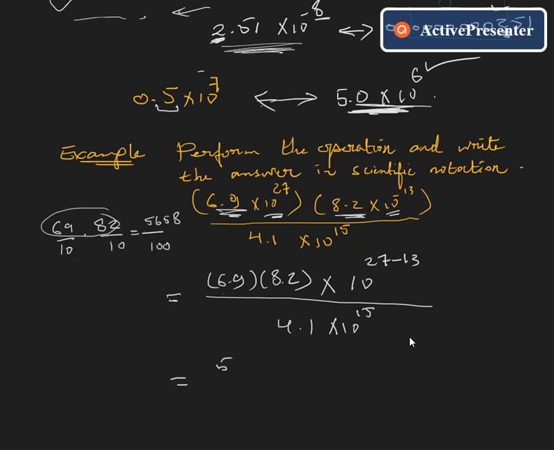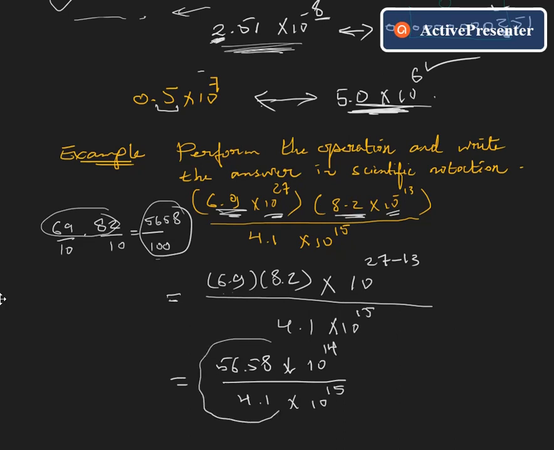5 divided by 100, this one should be 56.58 multiplied 10 to the power 27 minus 13, which should be 10 to the power 14, over 4.1 multiplied in 10 to the power 15.